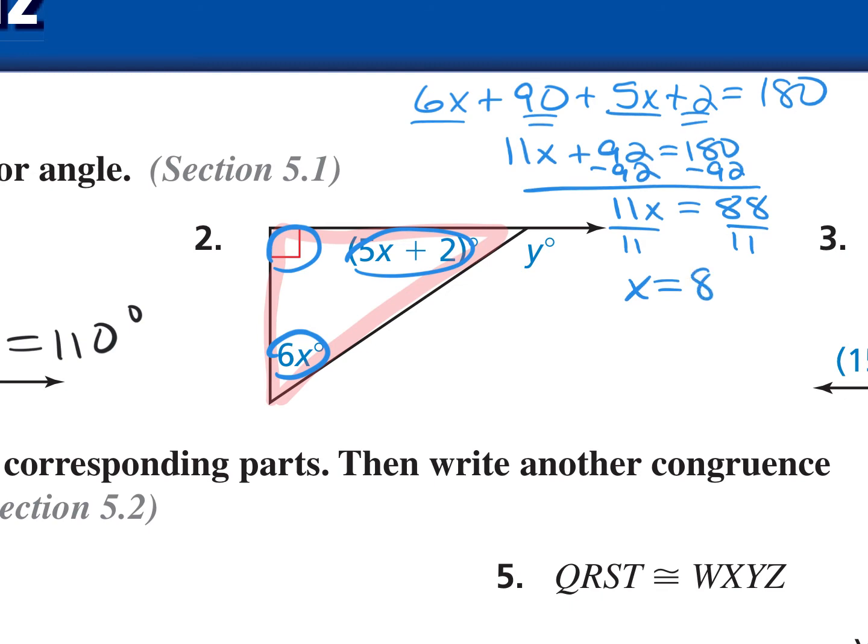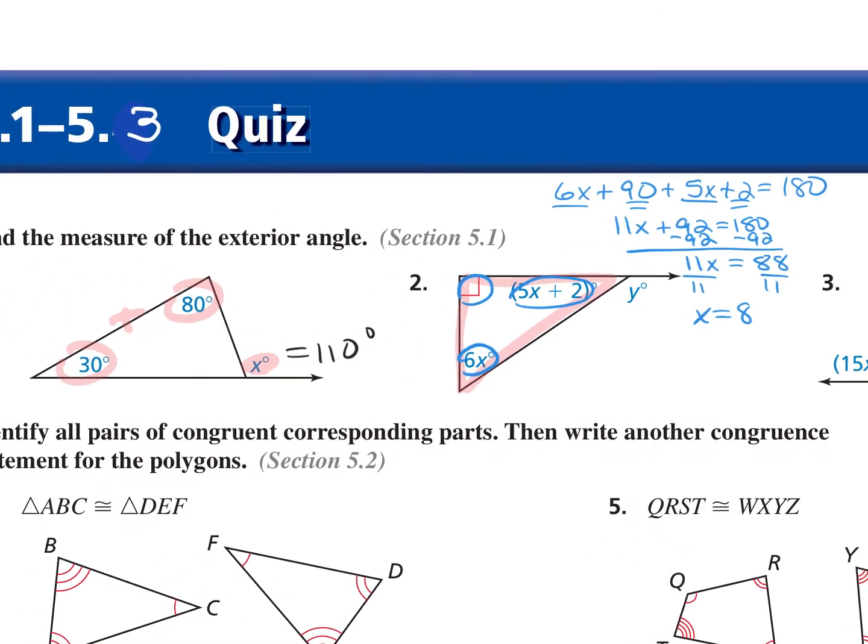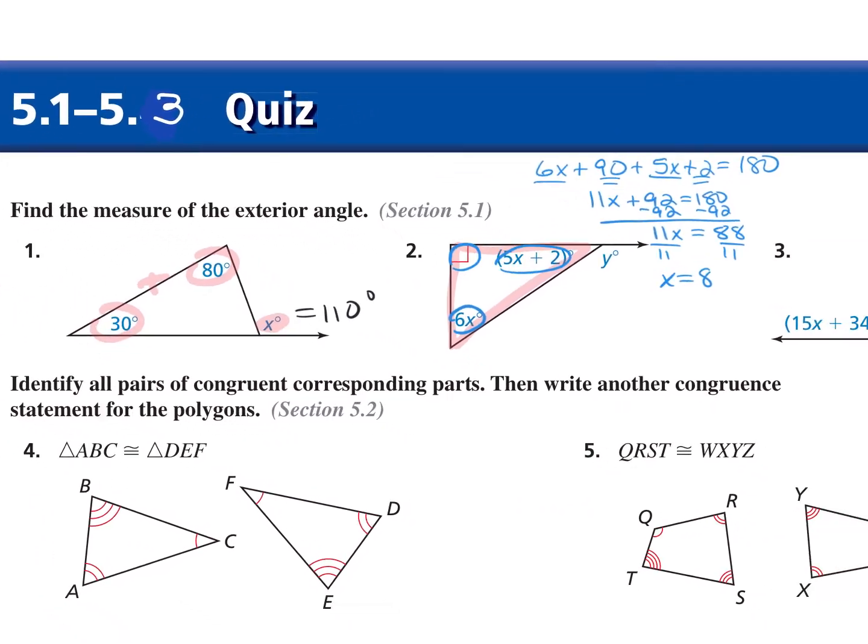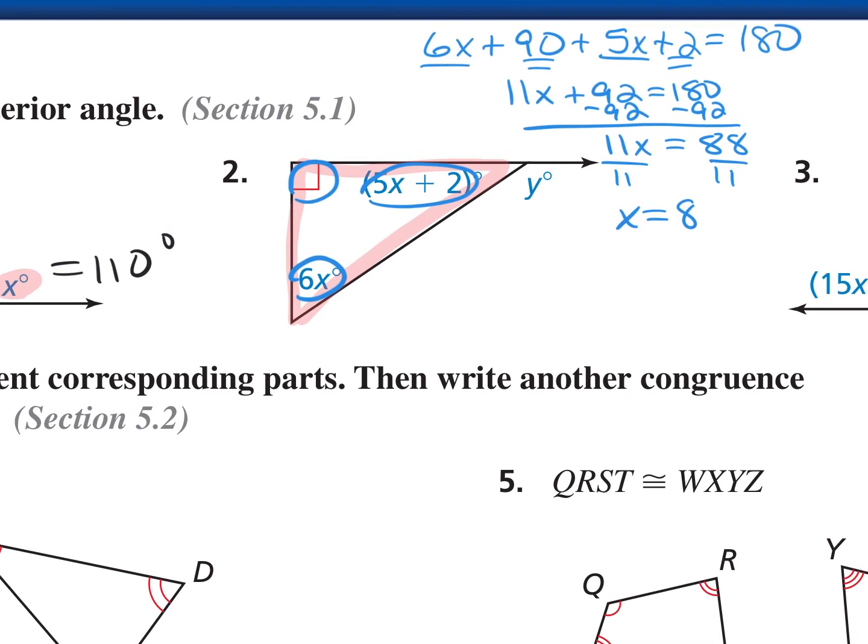It wants me to find the measure of the exterior angle. So I can do two different things here. I can either plug x equals 8 into here, find the measure of this angle, and then subtract it from 180 because I have a straight angle here and they're supplements. So that's one way to do it.